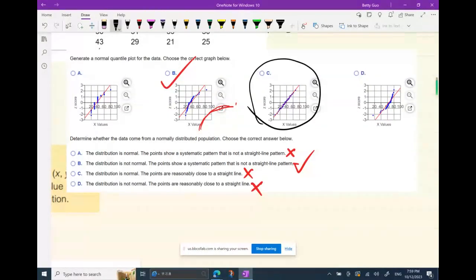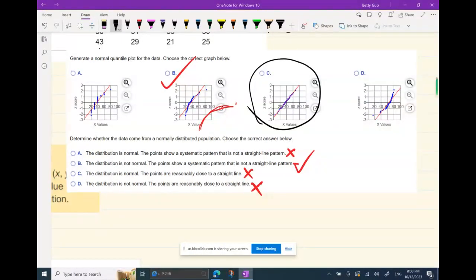Yes, ma'am. This question asks us to assess the normality based on the plot. You're good that you noticed the outlier, but as long as the number of outliers is not more than 1, it is fine.